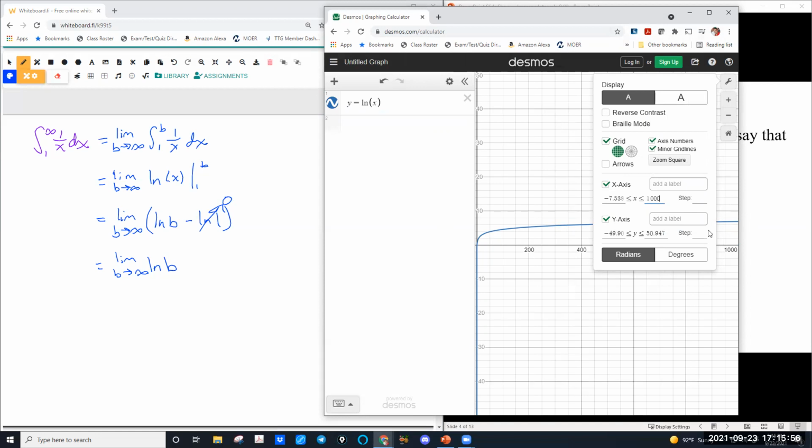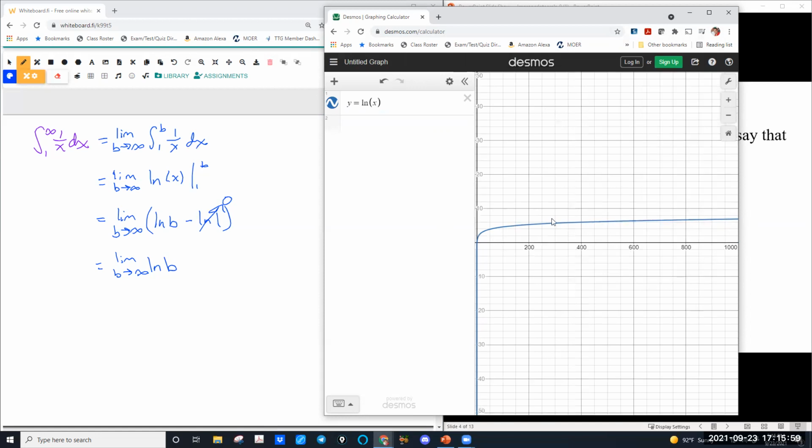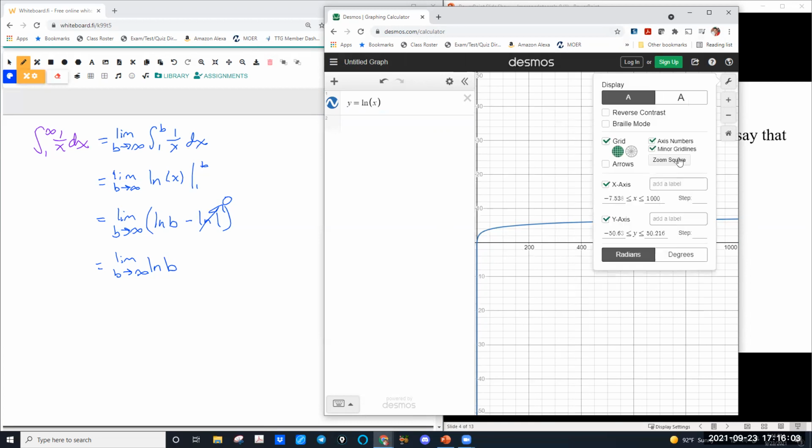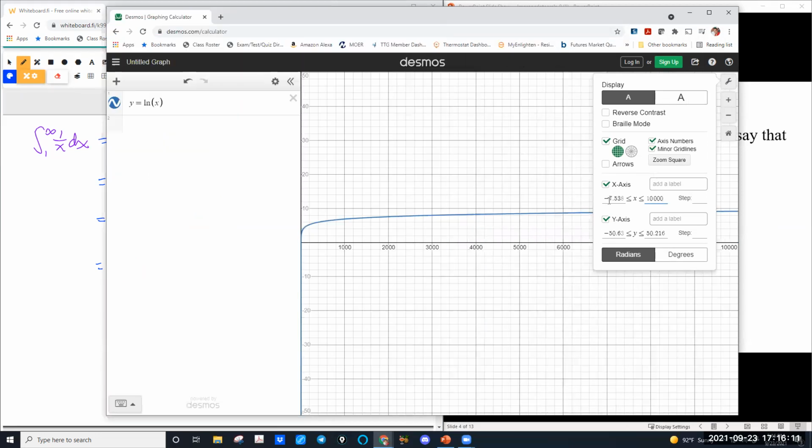Notice that, actually, it's not leveling off. Let's add a 0 to that. Watch what happens as I keep adding zeros to the x-axis. What I'm doing is stretching the x-axis, leaving the y-axis alone. Notice how it keeps getting higher?